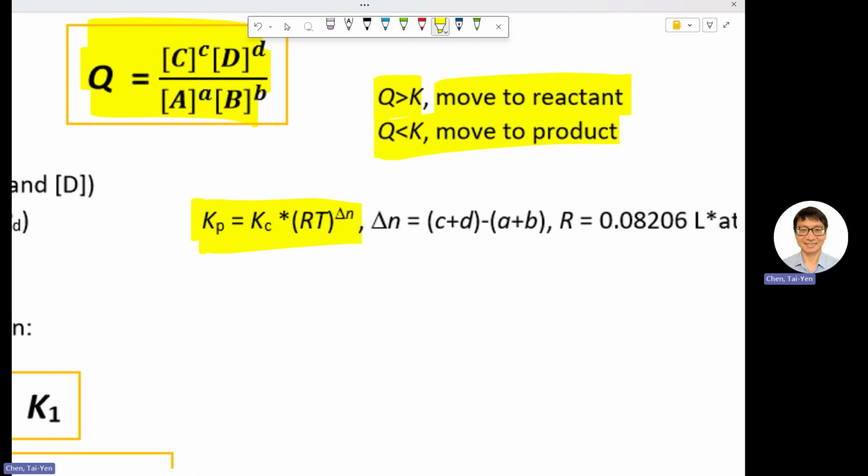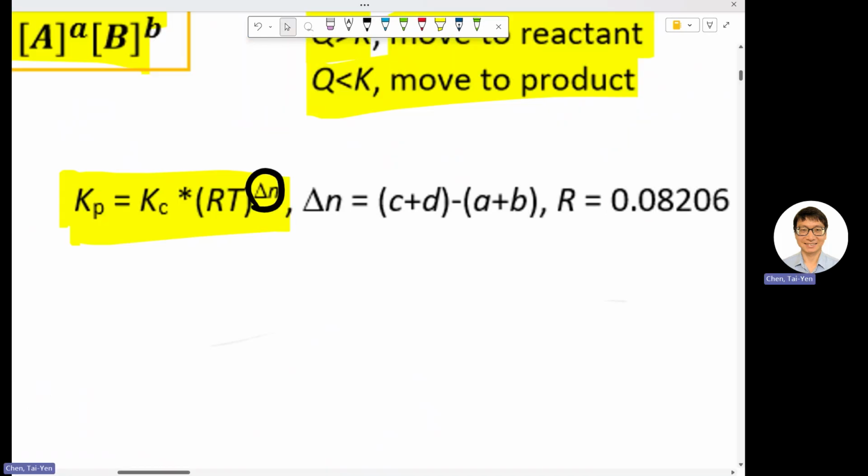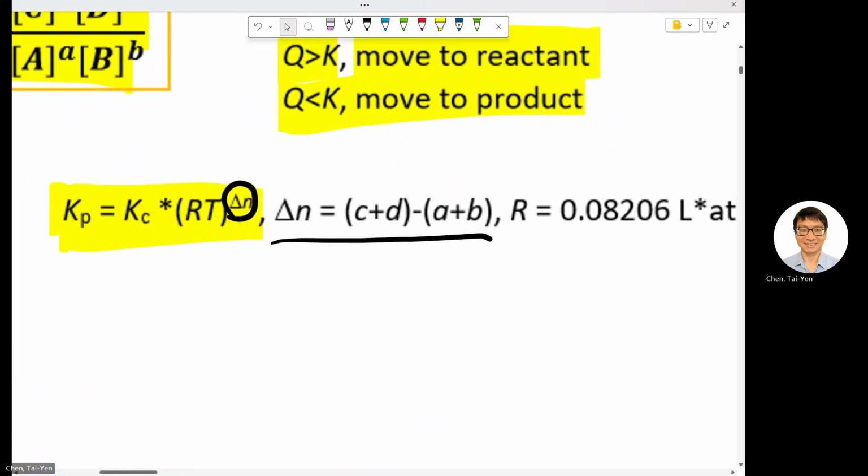using a specific equation. The equation that you need to memorize is that Kp is going to equal Kc times RT to the delta n power, where delta n is, again, for your product minus your reactant.